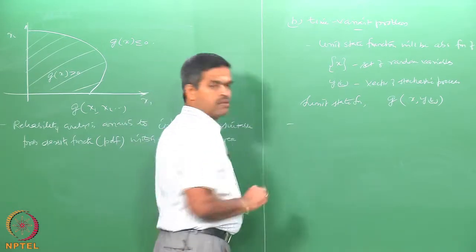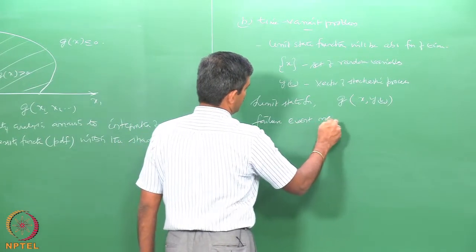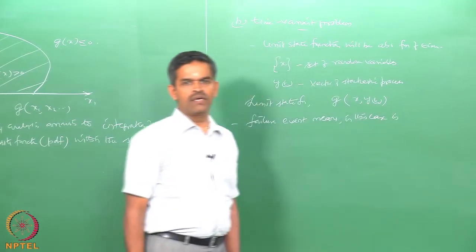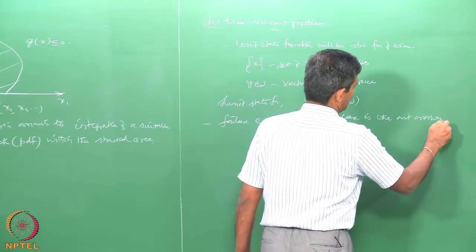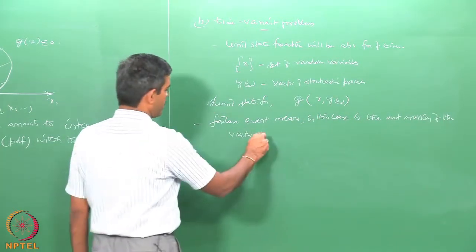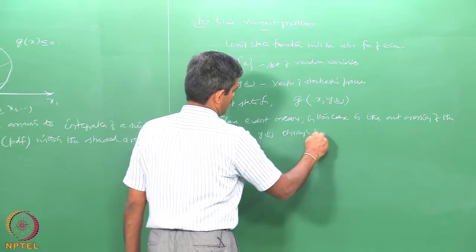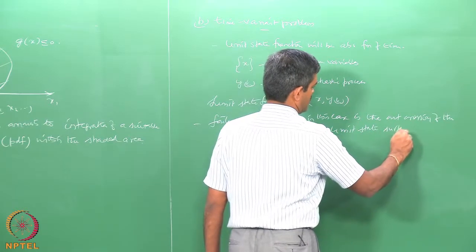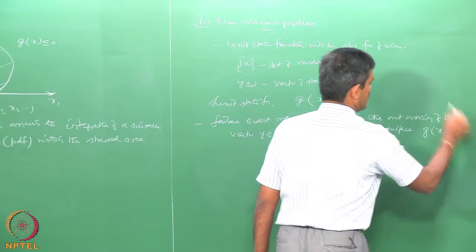So, essentially the failure event in this case is actually the outcrossing of the vector y of t through the limit state surface, which is simply g of x, y equal to 0.